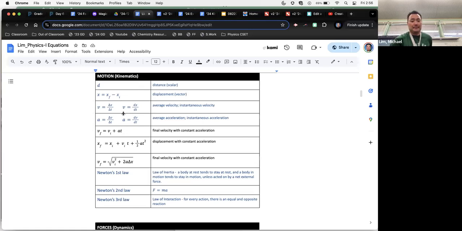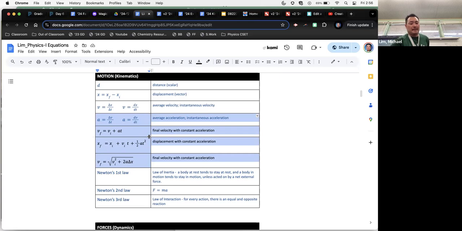Which row? It's either the first, second, 4th, 5th, 6th, or 7th row. Which one uses V and T to find A? Can't be the last one we used.